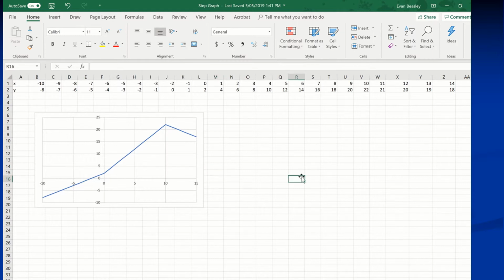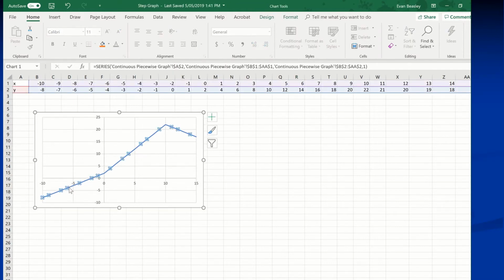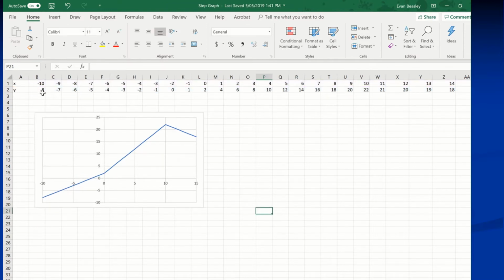When you're using Excel for a piecewise linear graph, or a continuous piecewise graph I should say, you're going to be using different rules, and so this is what I've done here. So you can see that I've got 3 different line segments. Now the first rule was just y equals 2 plus x. So I just did that for a variety of different values, and I did it for the whole 24 values, but I didn't need to do it all that way. But it makes it look good on Excel.